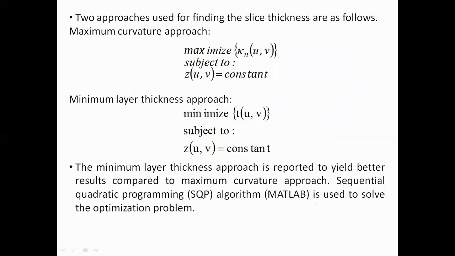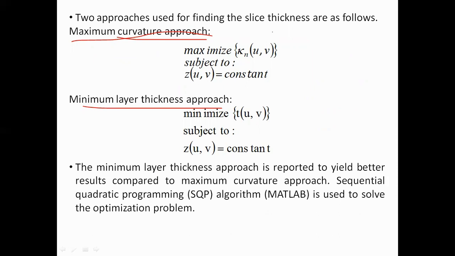In order to find the slice thickness, they assumed two approaches: the maximum curvature approach and the minimum layer thickness approach. The maximum curvature approach is dependent upon the CAD function, where the surface geometry is calculated using the maximum principal curvature and minimum principal curvature.